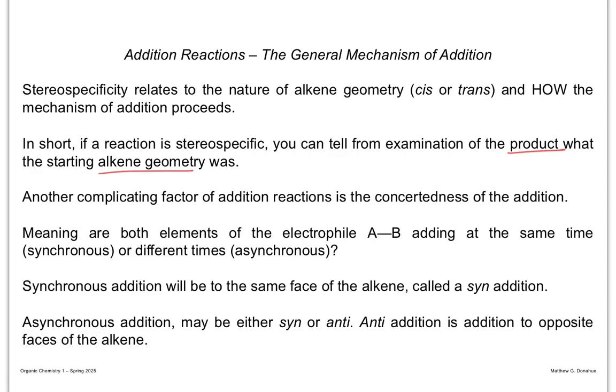Each carbon is getting that hydrogen at the same time from the same face of the molecule. So when they add to the same face, that's called a syn addition. If they add to opposite faces, so say the element A adds to one face, and then through the mechanism, B adds to the other face, that's called anti-addition.